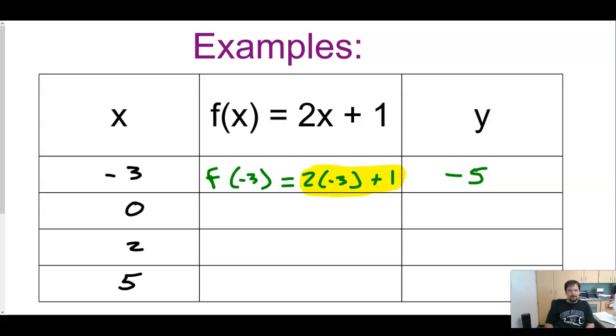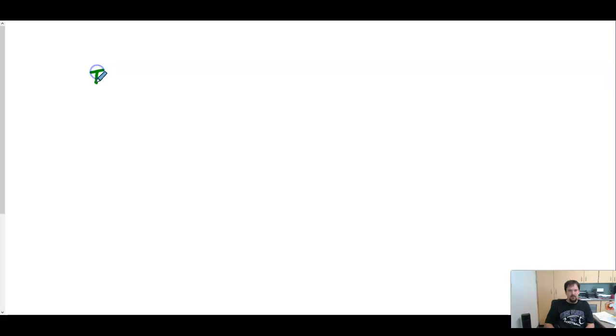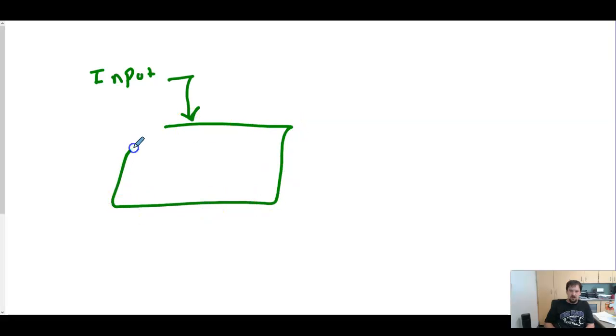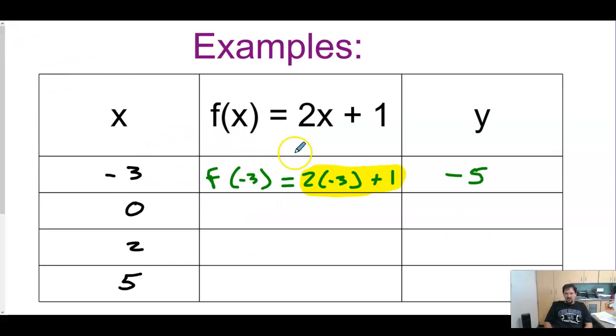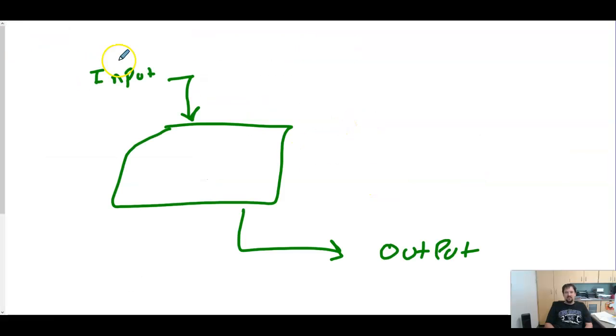So remember how we talked about the machine last time? How we had our input, and then we put it into some sort of machine, and then the machine spit out an output. So now we have the machine. We know what's going inside of this box. In this case, it's the 2x plus 1 that's inside the machine.